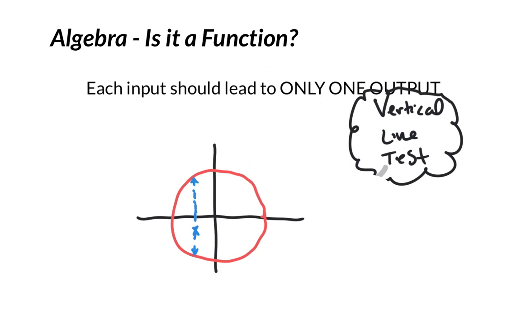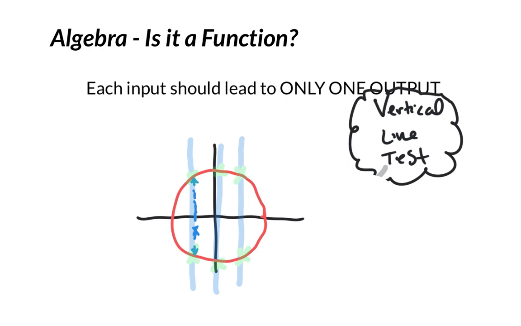The idea of the vertical line test is if you draw a vertical line through your graph, like that, or like that, any vertical line, and it hits your graph more than once. So you can see, it hit it here and here, or here and here, or here and here and here.